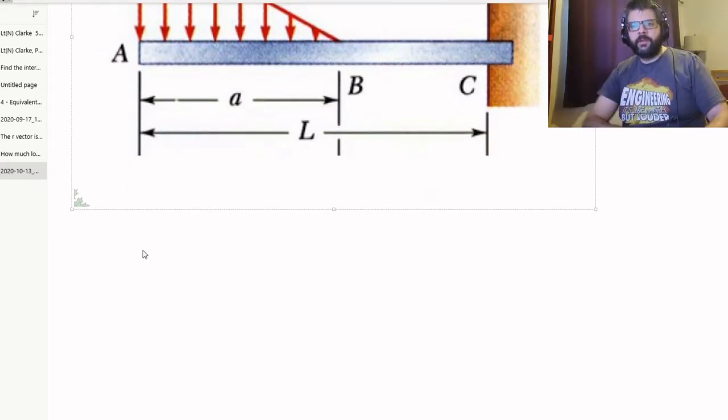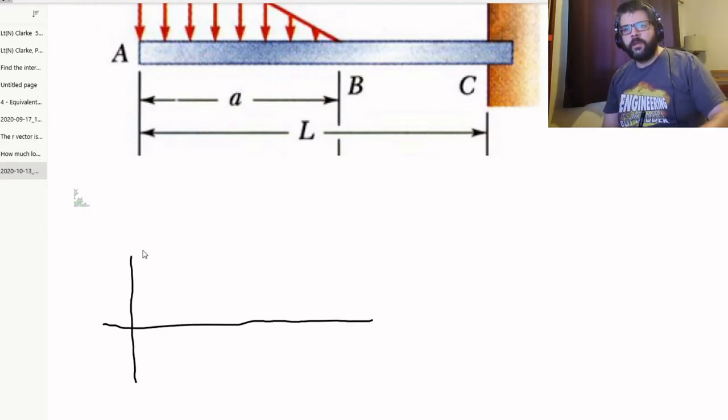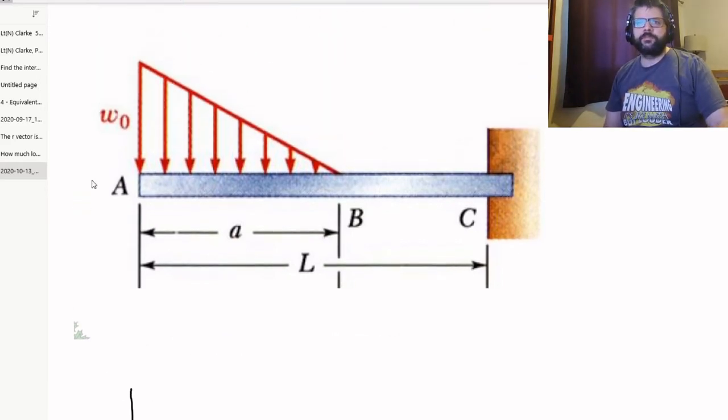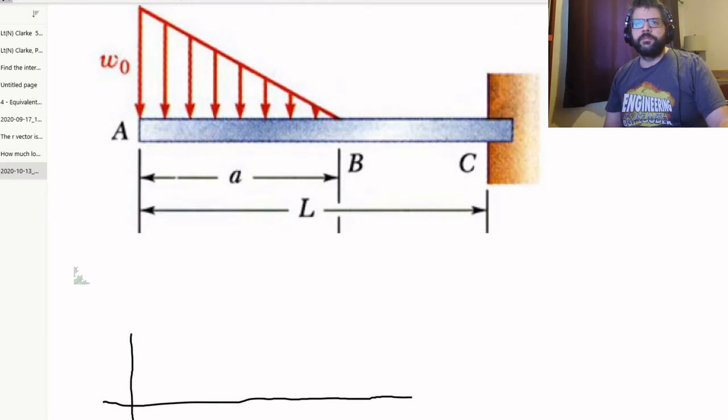So I'm just going to start with a shear diagram. We know that these forces are pushing downwards, right? So that is a negative distributed load.